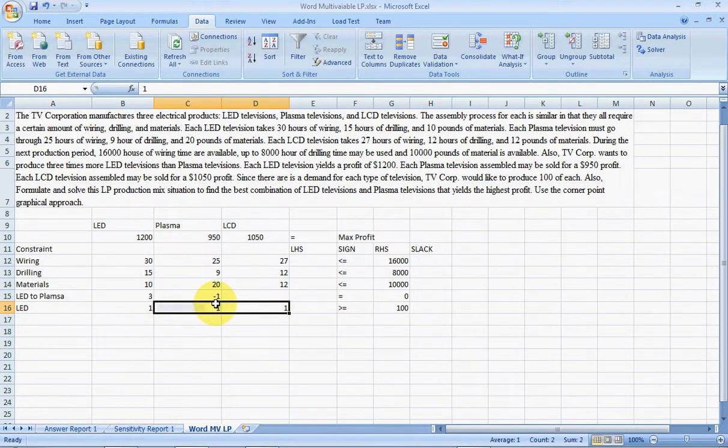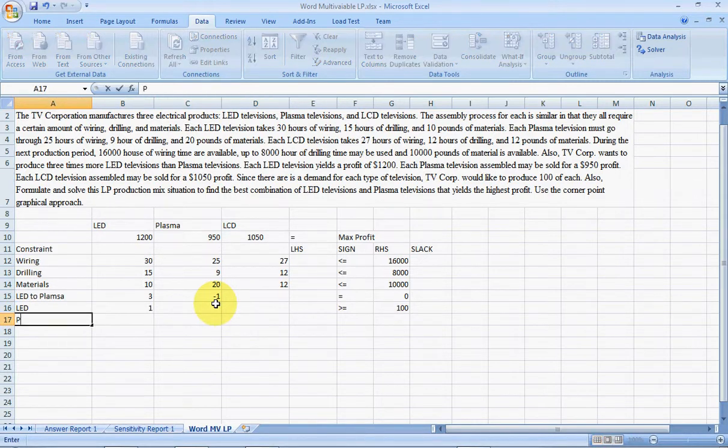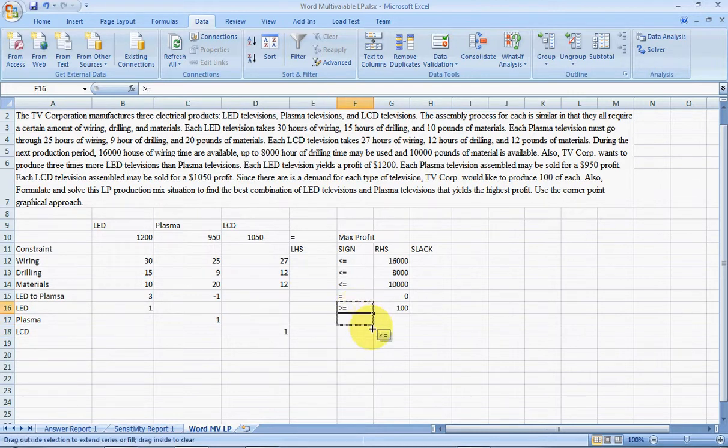So we need to put these in separate constraints. Plasma and then LCD, put them to what they correspond to. So LCD goes to LCD, plasma goes to plasma, LED goes to LED. And these are all going to be the same sign, and they're all going to be 100. Okay, and that's it.